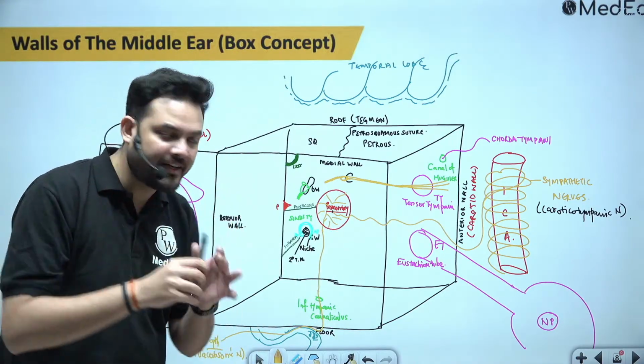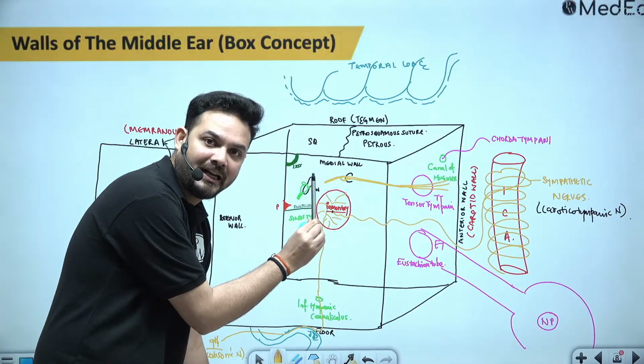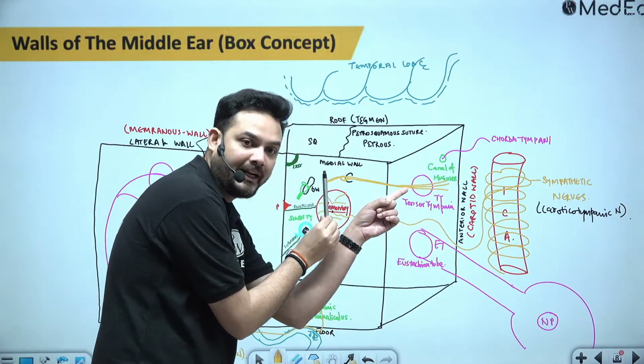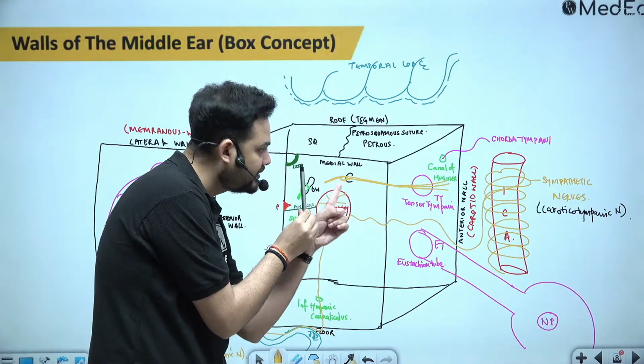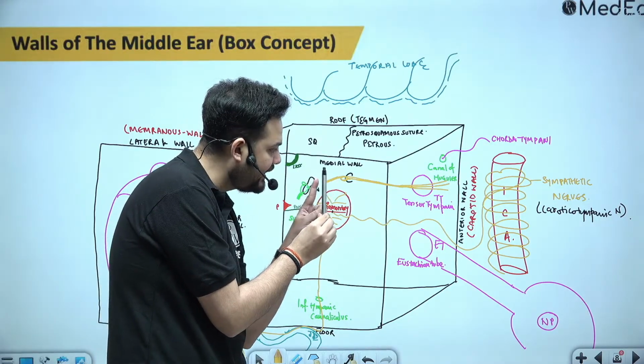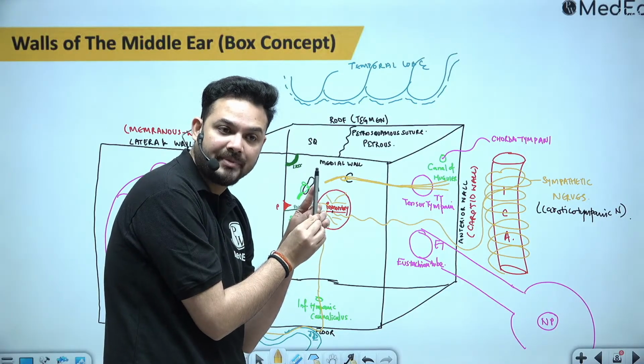Imagine my pen is the malleus. So this muscle is coming through this tensor tympani canal, hooking around this processus cochleariformis, and attaching to the neck of my malleus behind.